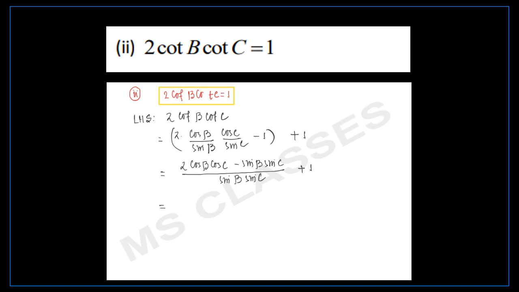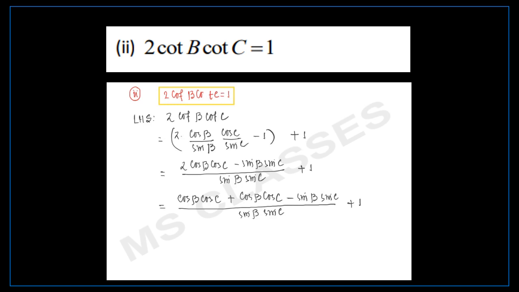Now from this what we can write? Cos B cos C plus cos B cos C minus sin B sin C, by sin B sin C, plus 1.